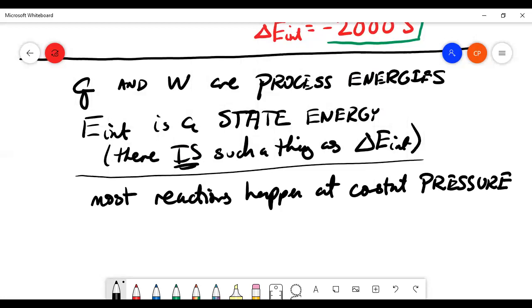Okay? That would imply that I have some closed container that the reaction is happening in, and not only can no air get in or out of that container, the container can't expand or contract. Most of you now have done the experiment from the lab where you captured carbon dioxide over water.